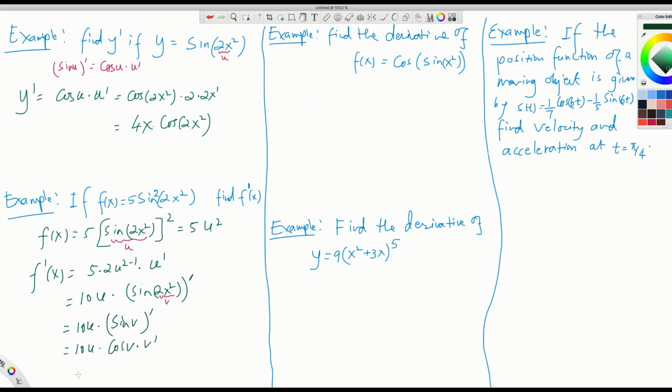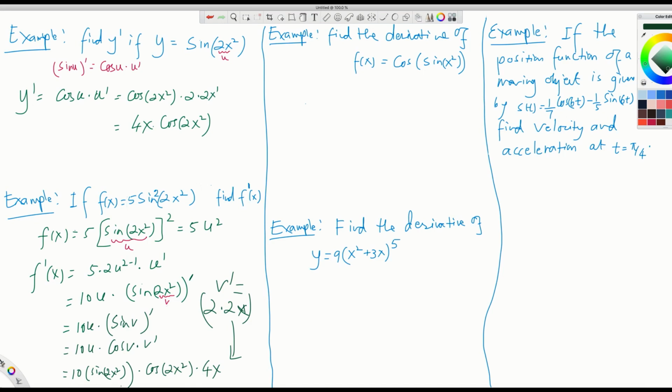Now we plug in the values of u and v. 10u is sine 2x squared, times cosine of v, which is 2x squared, times v prime. What is the derivative of 2x squared? It is 2 times 2x, so v prime is 4x.